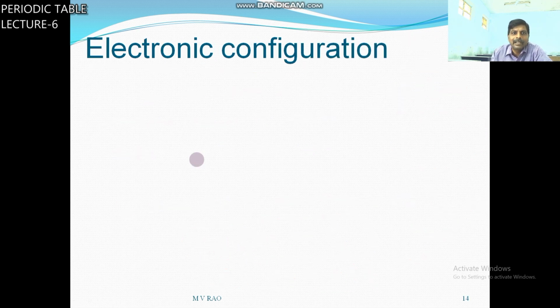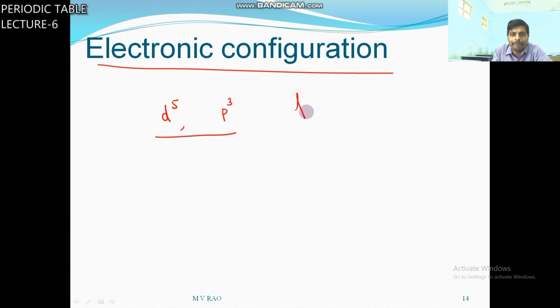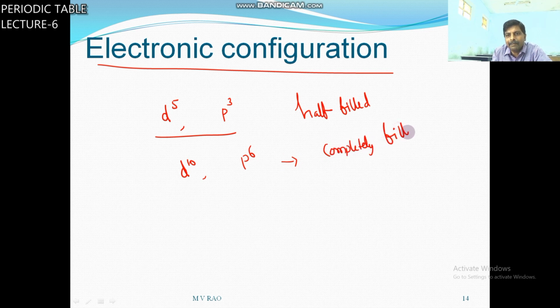Next one, electronic configuration. Atoms having d5 or p3 half-filled, or d10 or p6 completely filled subshells are more stable.